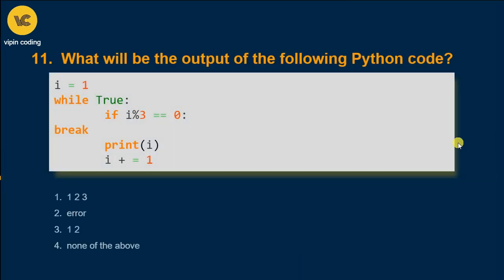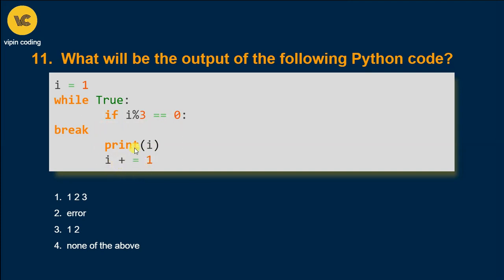Our first question is, what will be the output of the following Python code? For example, there is a code where i is a variable and 1 is the value stored in this i variable, while True is a loop. If i % 3 == 0, then it will break, and it will print i, space, += 1.